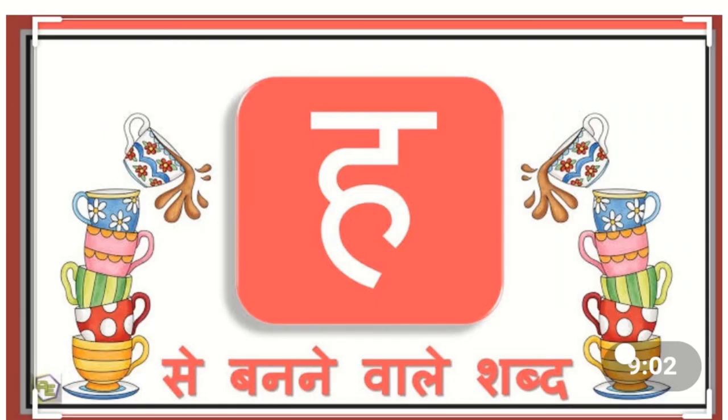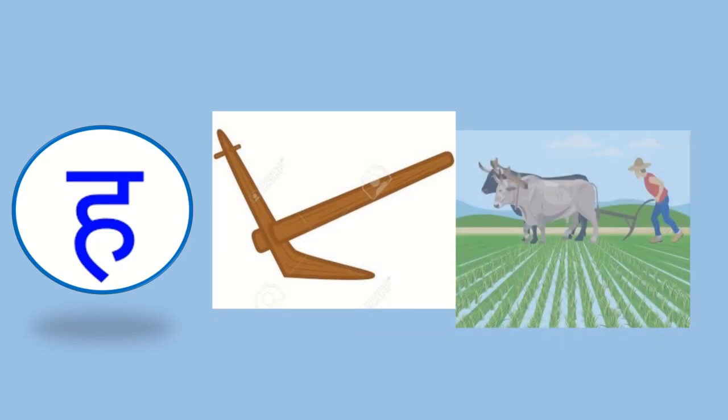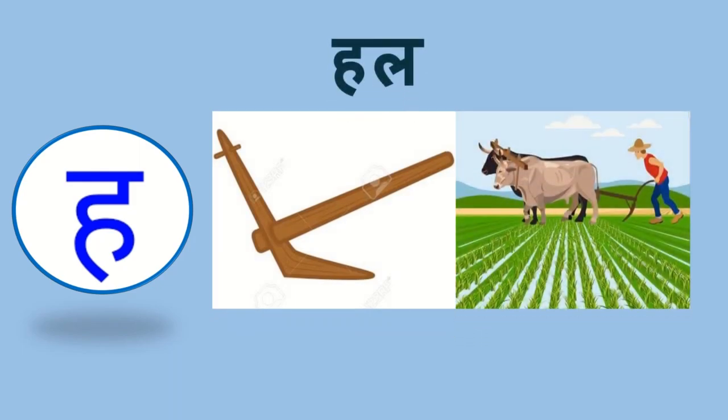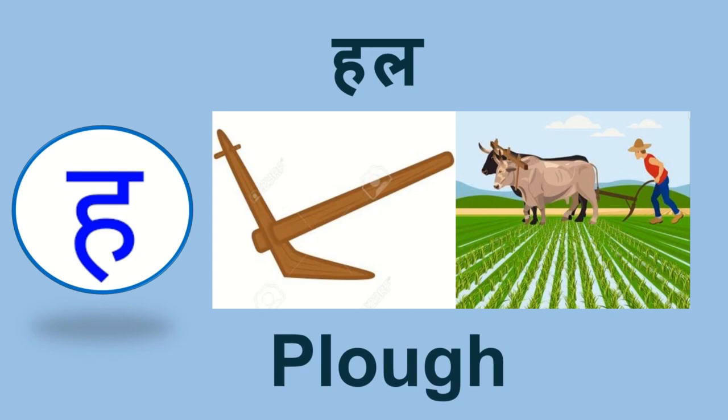Now we are going to see the words which are starting with letter H. H se banne wale shabd. This is letter H. H se hal. Hal means plow, which the farmer is using.